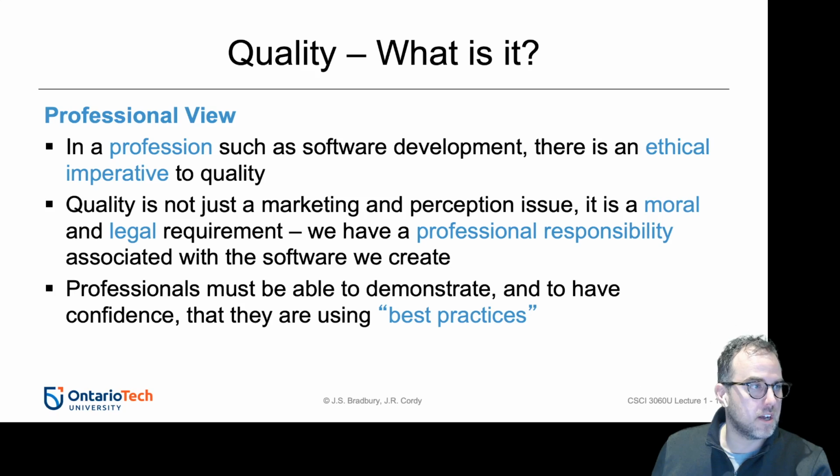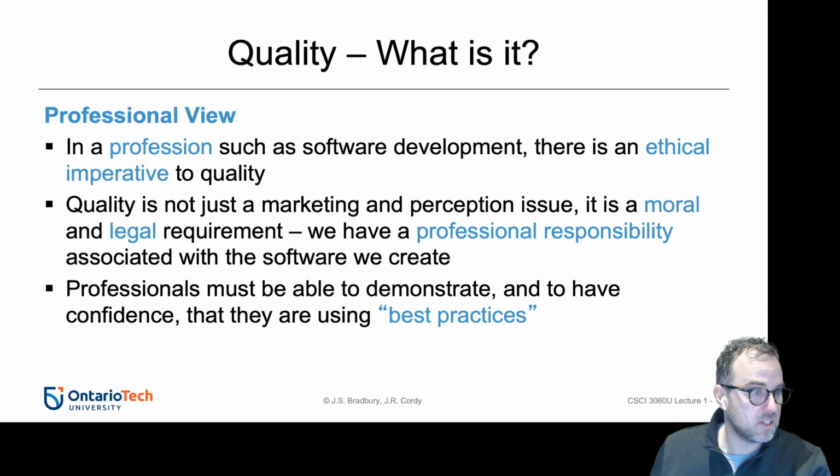Some of that is clear, right? Like if you're writing software for, let's take Airbus or Boeing, right? You can tell, you would have a greater appreciation for the need for quality maybe than if you're writing software like Wordle, right?